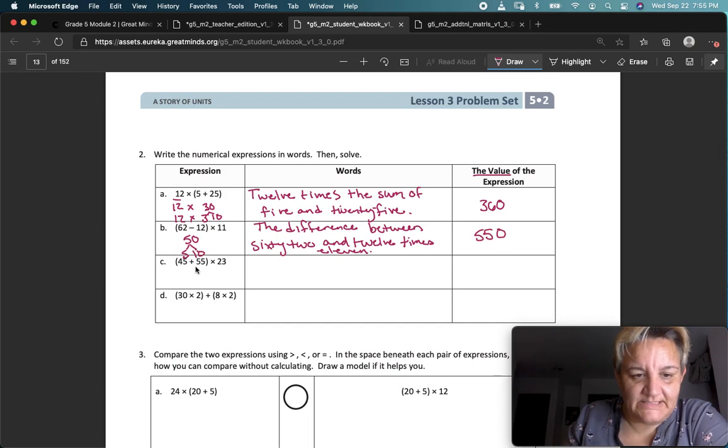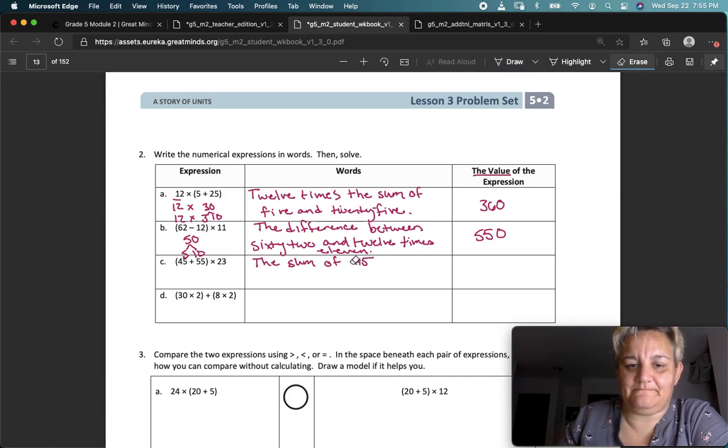Good. All right. Now here we've got the sum of 45. I keep trying to cut corners by writing the numbers, huh? 45. If you don't know how to write the numbers, you need to practice that.